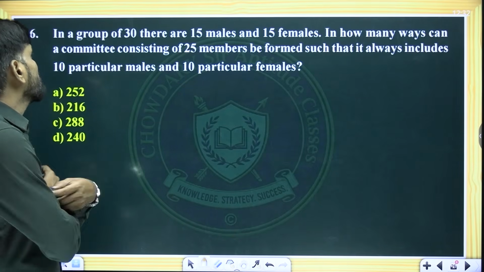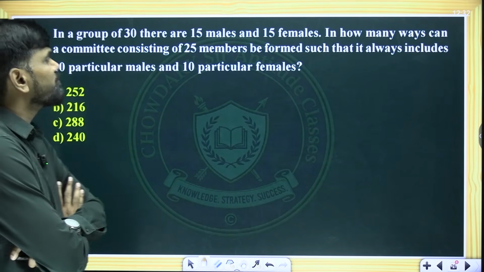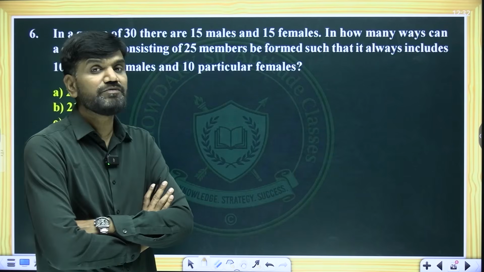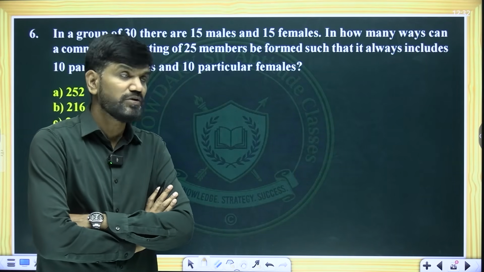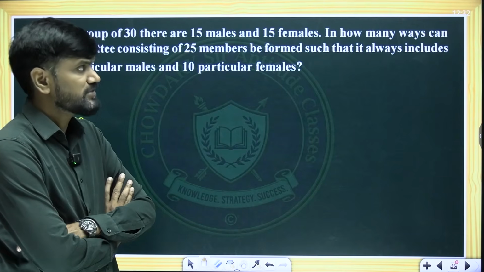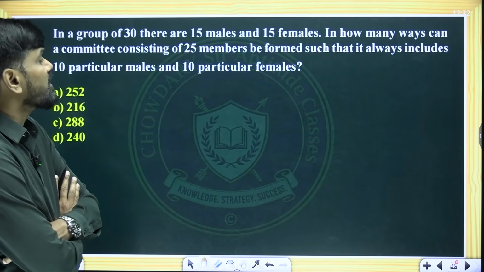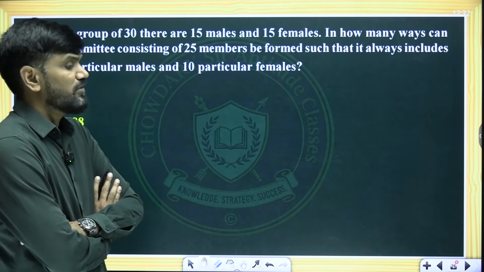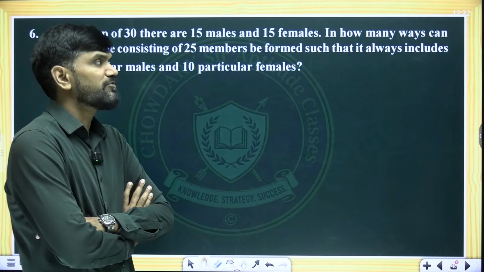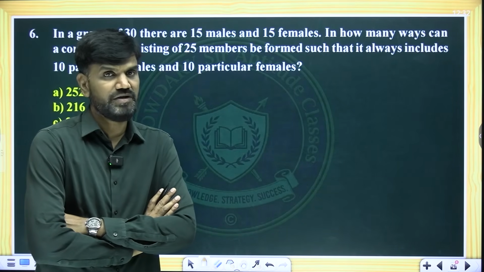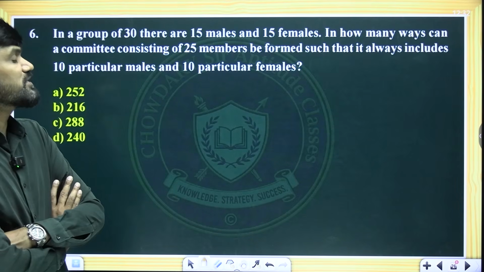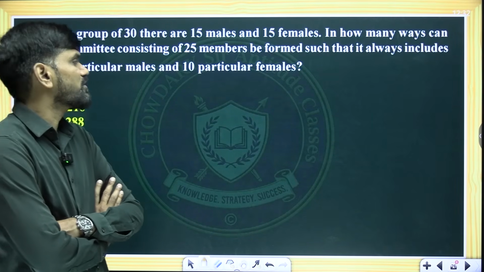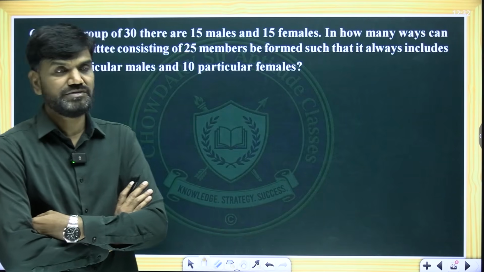Next, problem number 6. In a group of 30, there are 15 males and 15 females. There are 30 people out of which 15 are males, 15 are females. In how many ways can a committee of 25 members be formed? So total number of people to be selected are 25. A committee of 25 can be formed such that it always includes 10 particular males and 10 particular females.